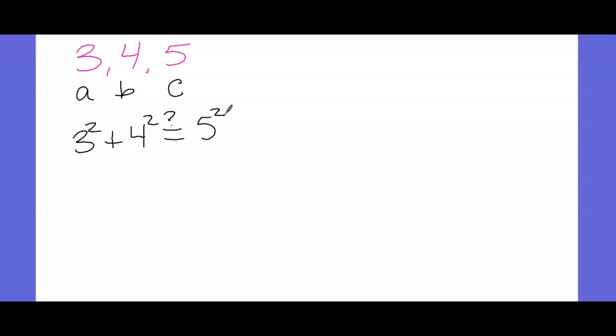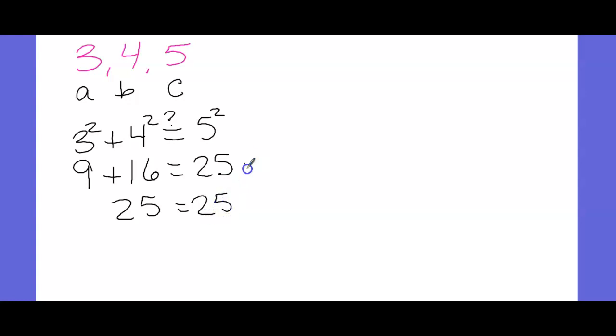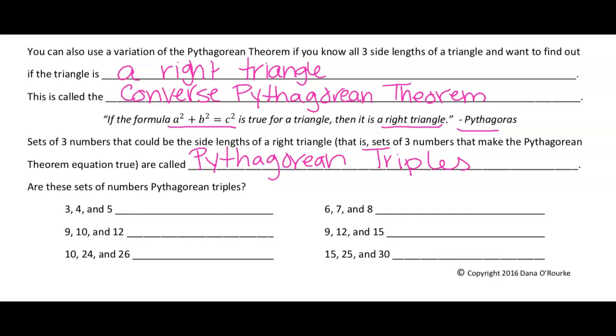So what's 3 squared? 9 plus 16 equals 25. So does 25 equal 25? Yes. Therefore, this one is a right triangle. If it's true, you just put yes. If not, you just put no.